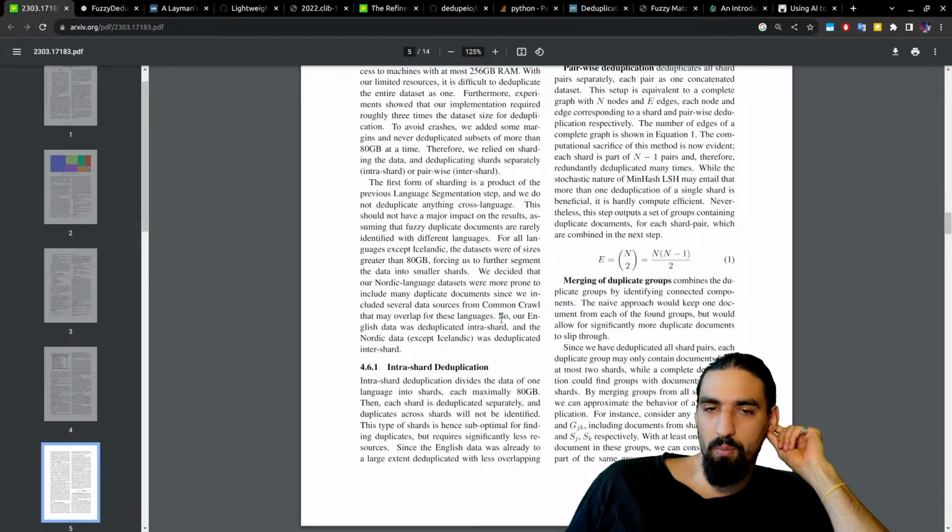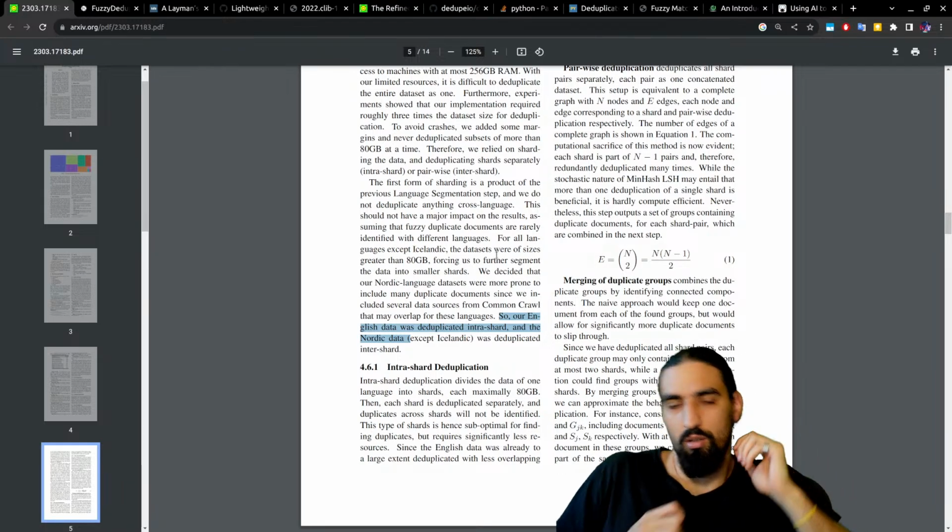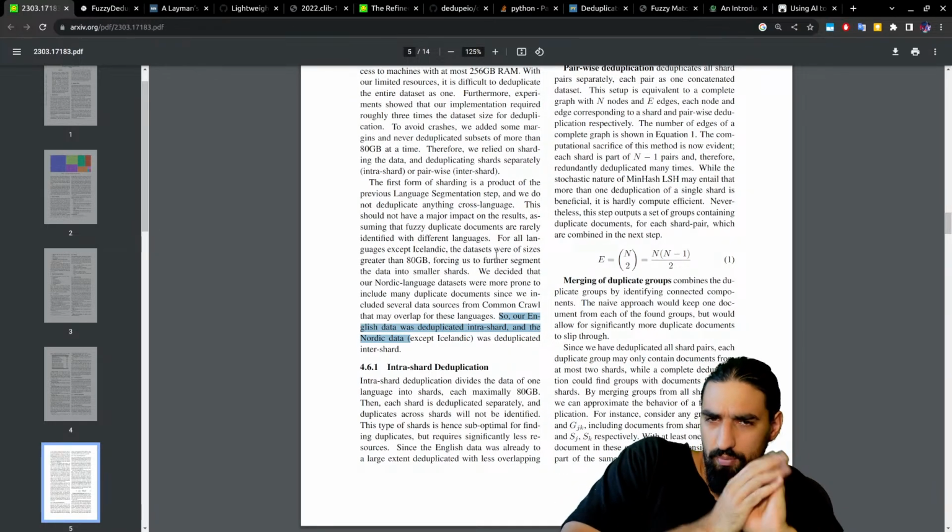So our English data was deduplicated intra-shard, and the Nordic data except Icelandic was deduplicated inter-shard. Let me just see whether I got this right.